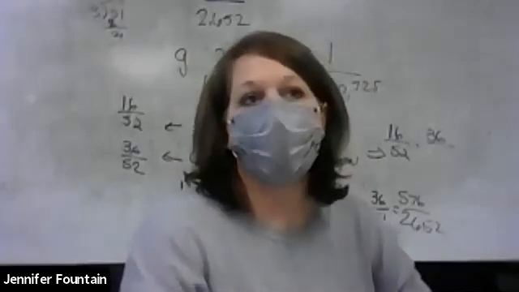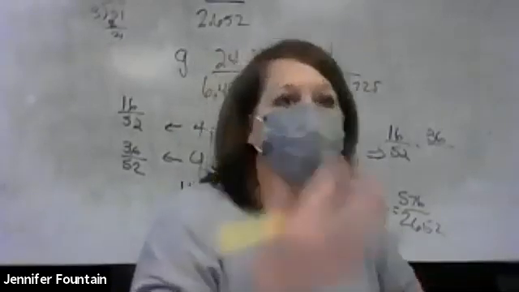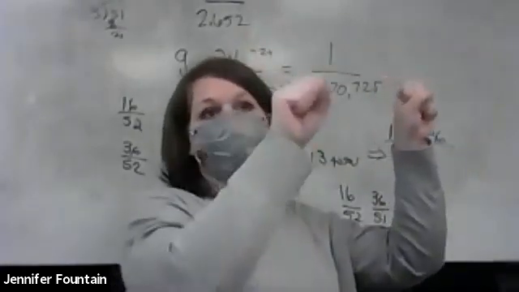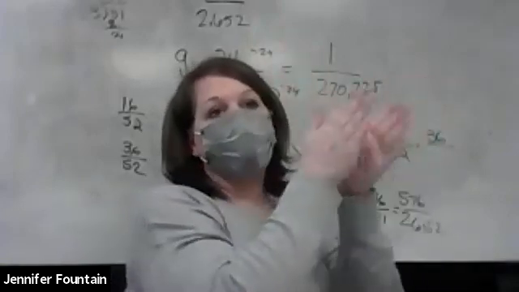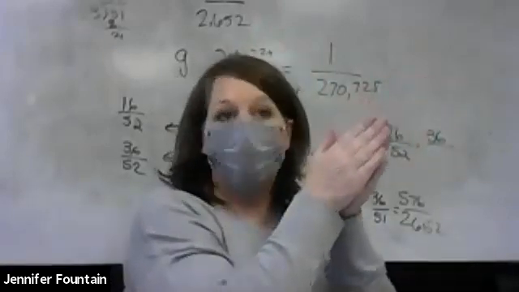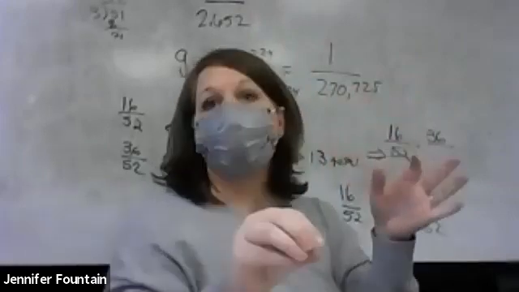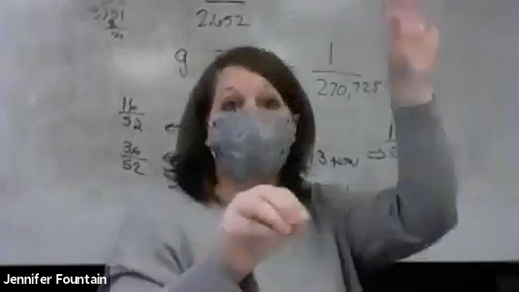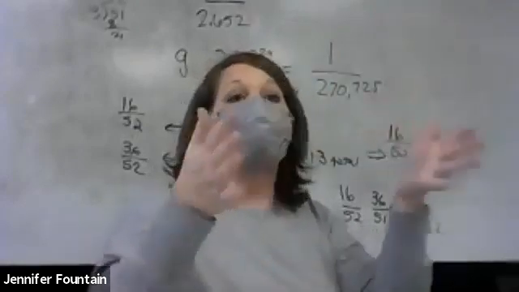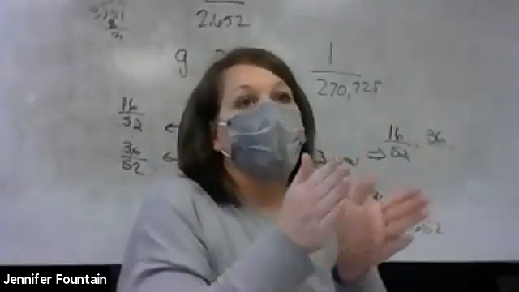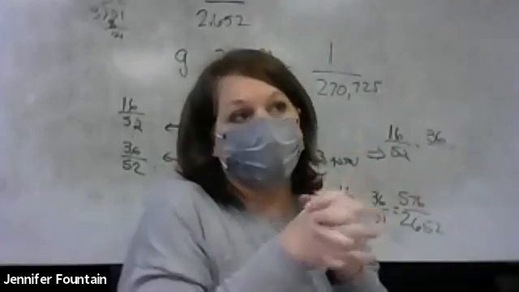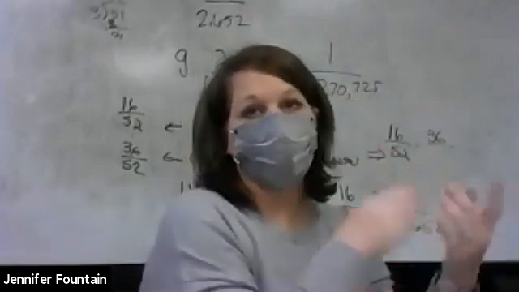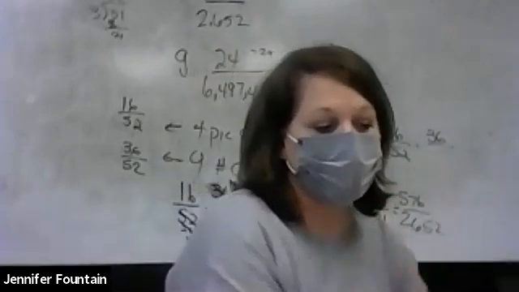So if I was looking at brown-haired 7th graders out of a group, then I would have to take my total number of brown-haired people, my total number of 7th graders, add them together, but then I have to subtract brown-haired 7th graders because I've already counted that one person in brown hair. I've also already counted them in the 7th grader group. So I've got to make sure to subtract when I'm looking at brown-haired 7th graders, okay? So I add my two groups together and then subtract where people fall into both categories.